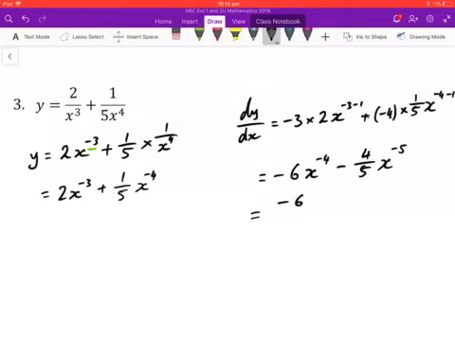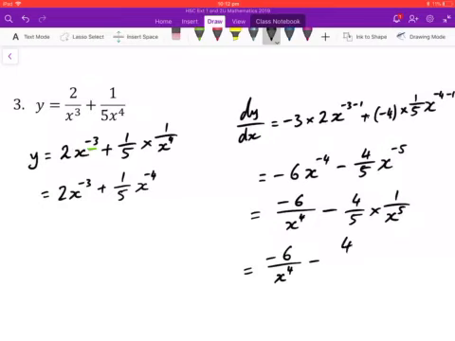So this becomes negative 6 over x to the power of 4 minus 4/5 times 1 over x to the power of 5. So my final answer is negative 6 over x to the power of 4 minus 4 over 5 x to the power of 5.